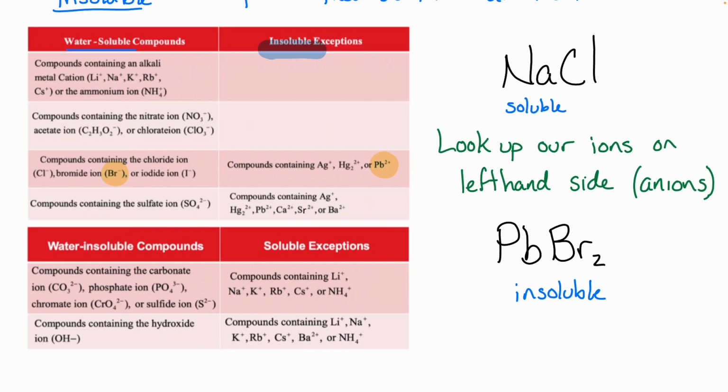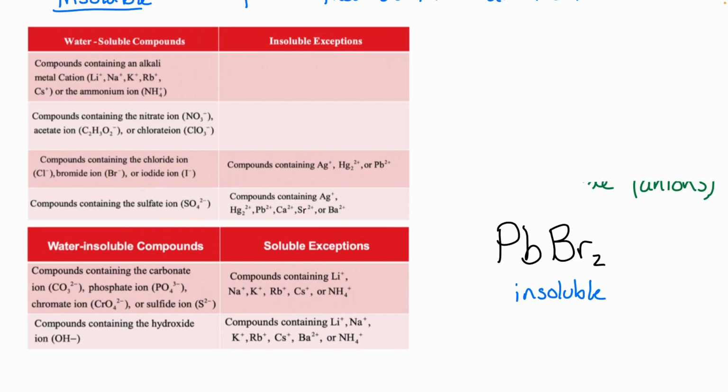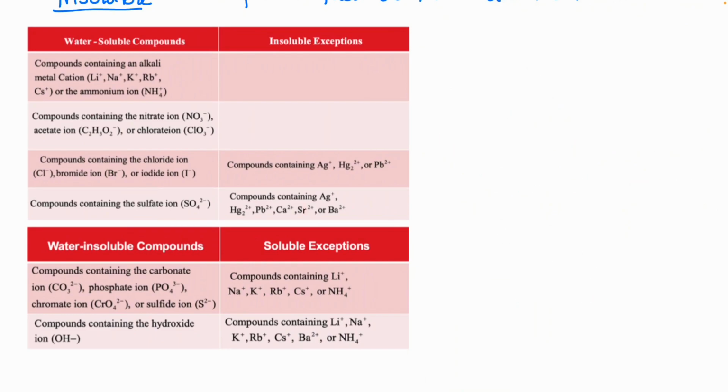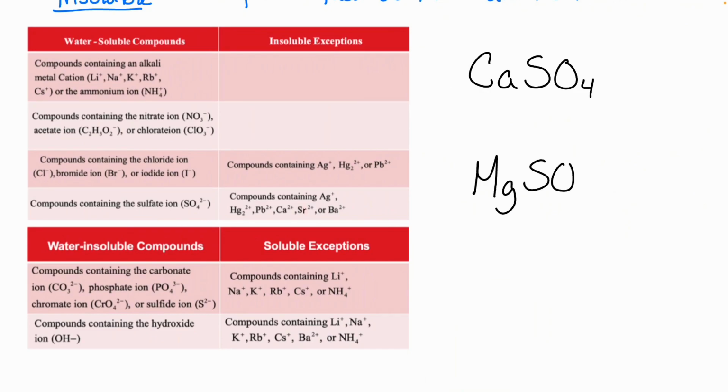Okay? I'm going to put down 2 more here, and you're going to do these on your own. All right, calcium sulfate and magnesium sulfate. You're going to use our table here to tell me whether these compounds are soluble or insoluble.